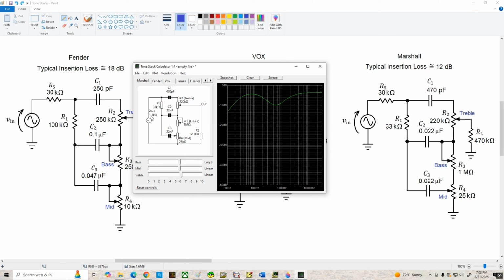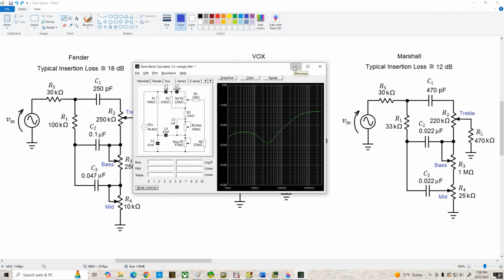Again, the source resistor is different here. I'd probably want it to match up with mine of 30K. And there we go, and we can look at the different responses with our pots in all these different positions. All right, so that's a really cool resource out there, and if you're going to be experimenting with these tone stacks, this is a really great thing to use.